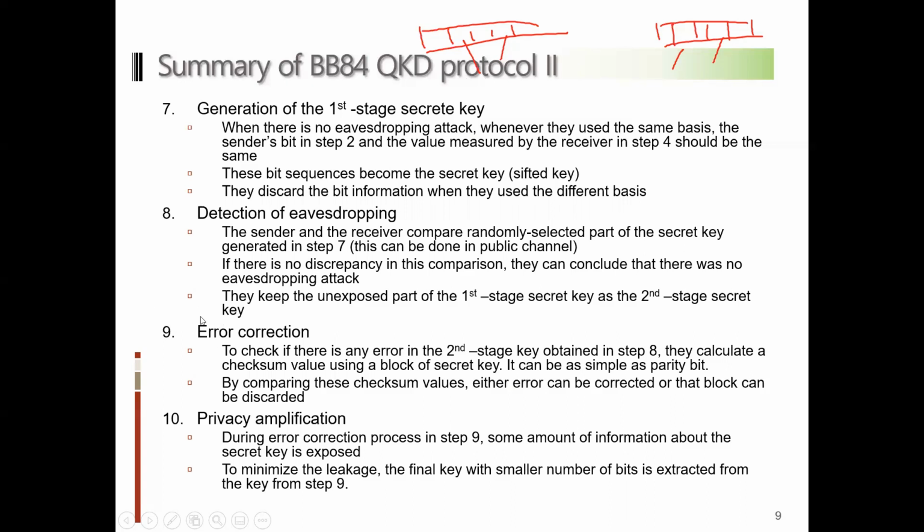However, in a real system, we have to consider some more problems. For example, I said that we are sending a single photon for each bit. However, even if there is no eavesdropping attack, there will always be some finite amount of error, because assume you are sending a single photon through the air.